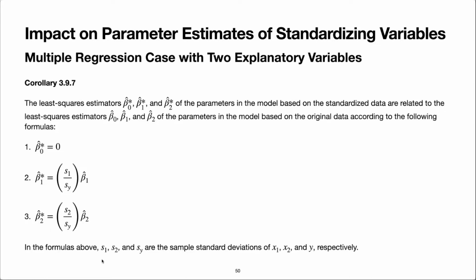In the formulas above, S1, S2, and S y are the sample standard deviations of X1, X2, and Y, respectively. So again, we have expressed the least squares estimators beta 0 star hat, beta 1 star hat, and beta 2 star hat in terms of the least squares estimators beta 0 hat, beta 1 hat, and beta 2 hat.